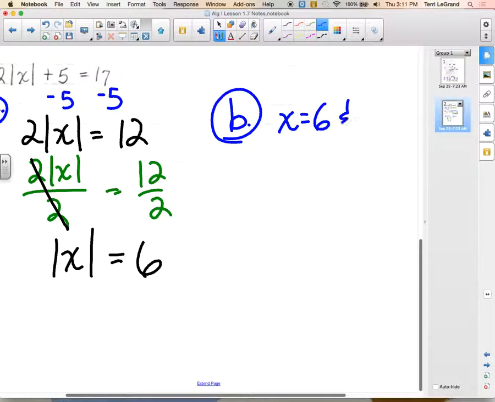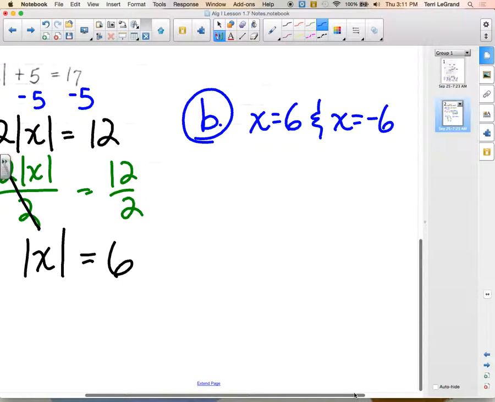X equals 6 and x equals -6. And notice the absolute value bars are gone. The expression that was inside of them is now set equal to the 2 numbers that have a distance of 6. Do we need to do step C? No, x is already isolated.